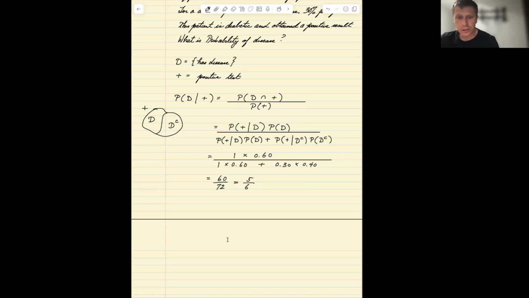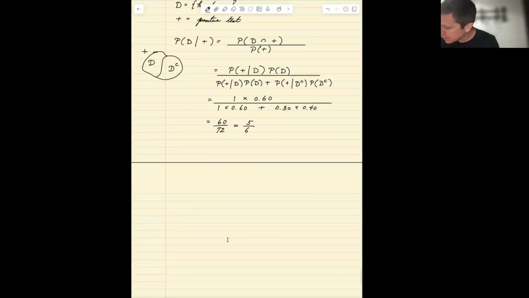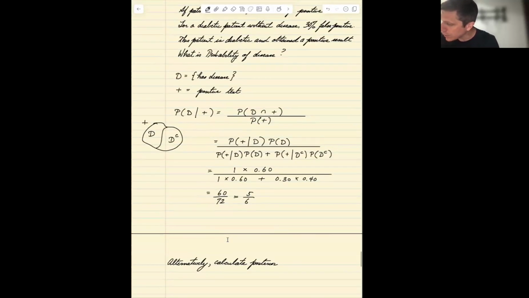But we could also alternatively calculate the posterior odds. This, by the way, I should say, is called a posterior probability. Posterior, post means after.